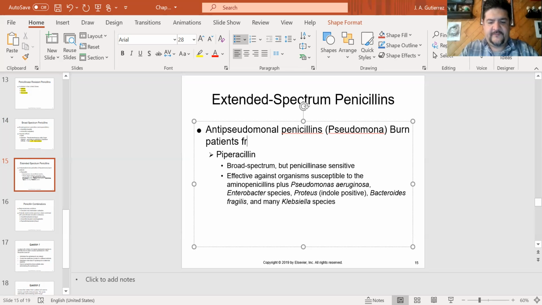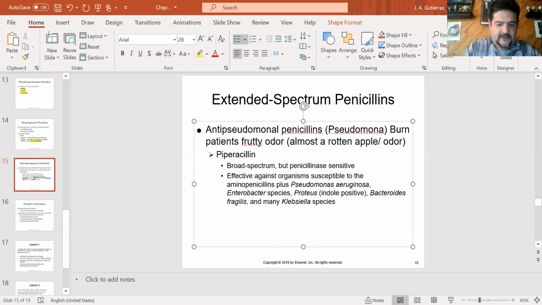Pseudomonas has a fruity odor. That's how some doctors describe it when they have this infection, a fruity odor. Some will say it has almost a rotten apple odor. They smell like apples, not rotten yet, but getting there.